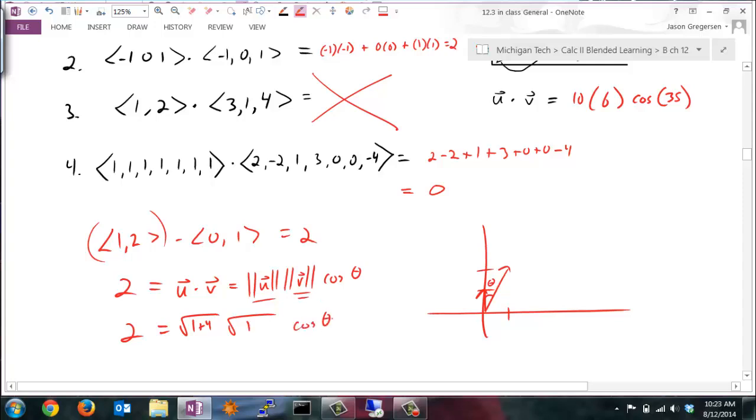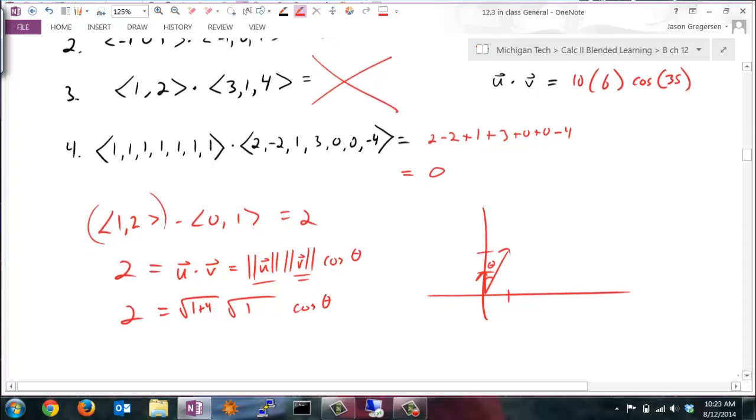And so when I put those two definitions together, I can solve for that theta. Cosine of theta is equal to 2 over root 5. Theta is equal to the arc cosine of that. So I can merge these two definitions to find some geometric stuff using some algebraic computation. So that's a nice use of these two definitions together. So the two definitions are powerful because it lets me avoid some geometry. But it also lets me extend my geometry.